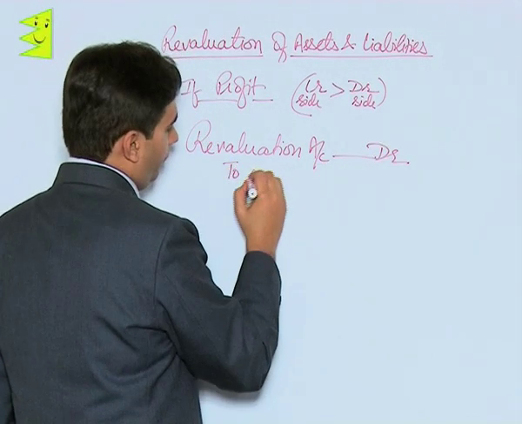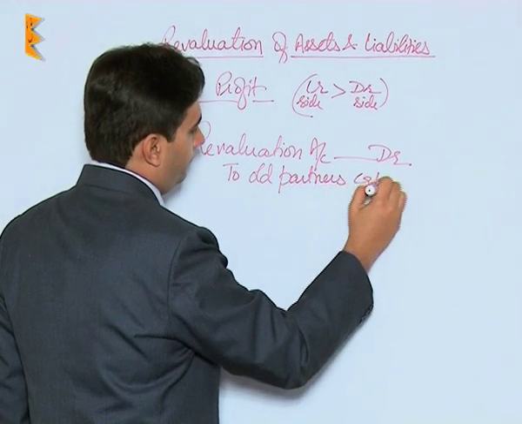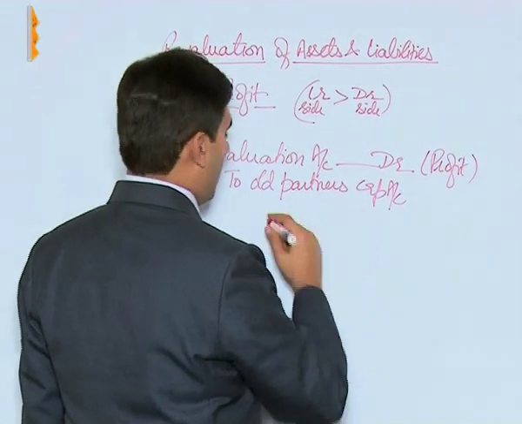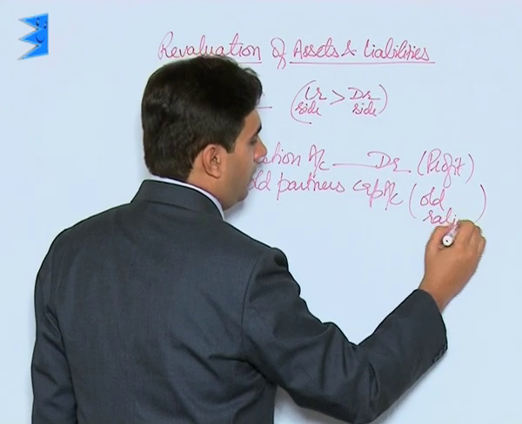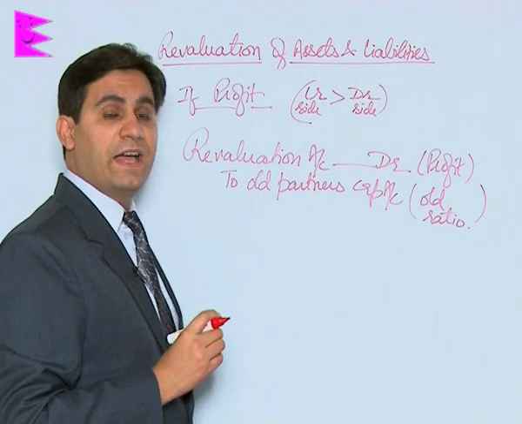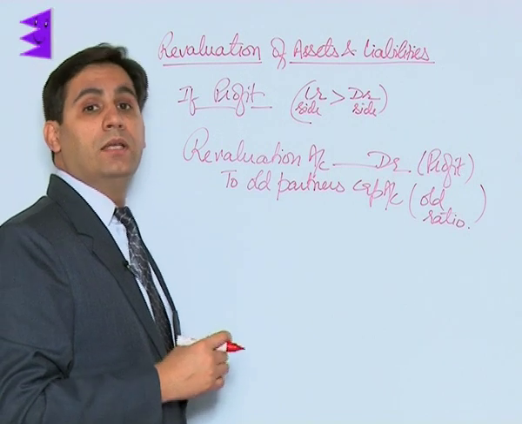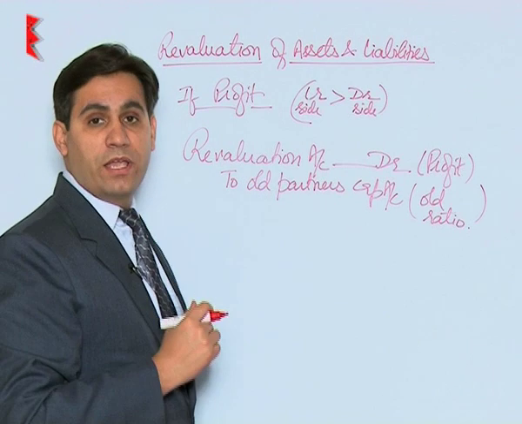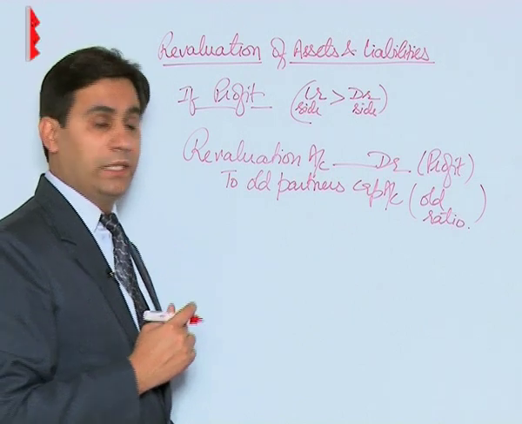to old partners' capital account. This is the profit, and old partners' capital account means in the old ratio. Remember, since the revaluation of assets and liabilities is being done for those assets which were acquired before the admission of the new partner, any profit or loss accruing out of their revaluation should be adjusted among old partners only.